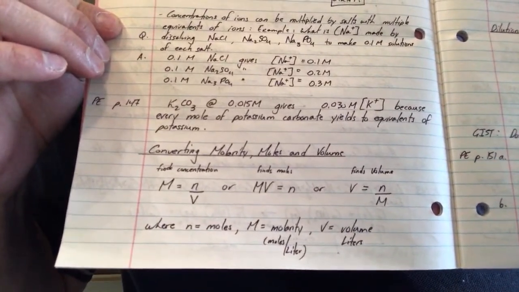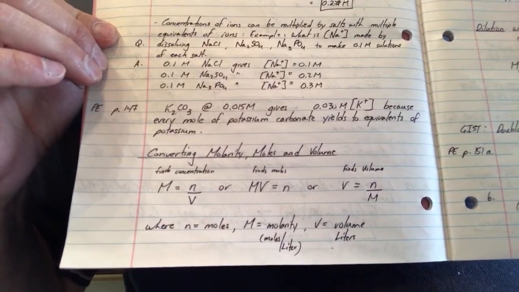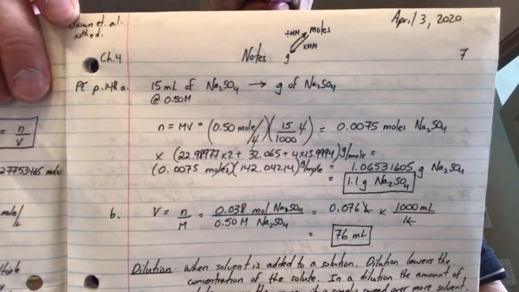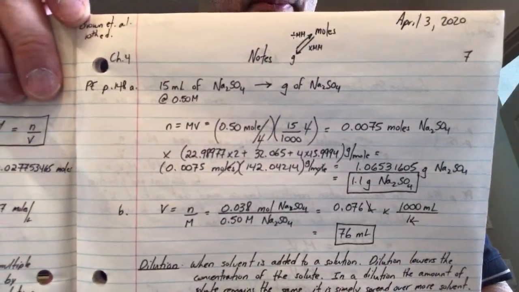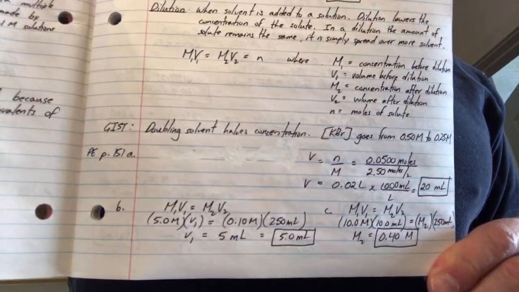I'm going to put this all on the little board, or maybe a good part of it anyway, and I'll explain all of it. Top half of page 7. Bottom half of page 7.